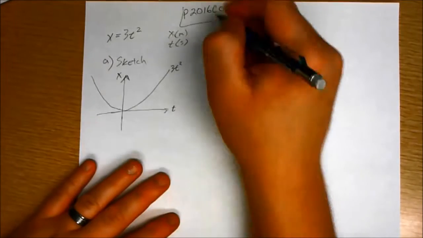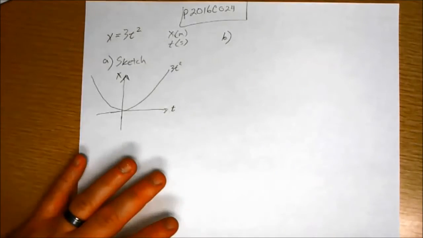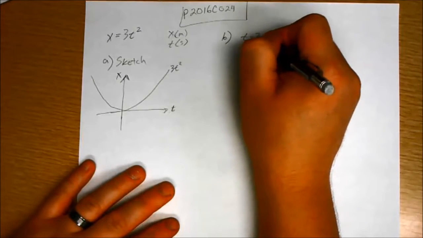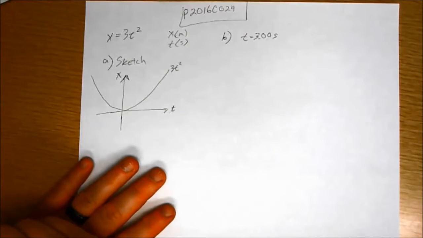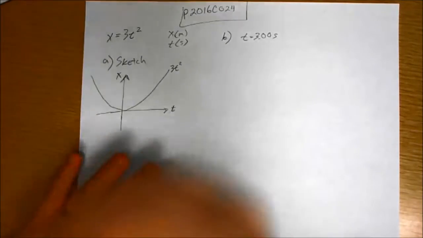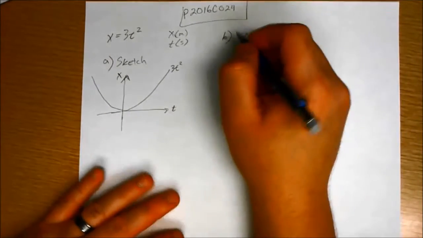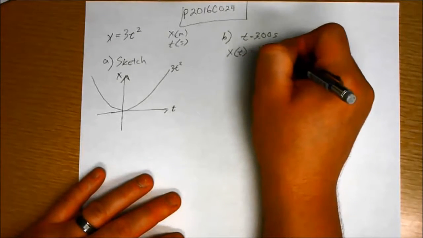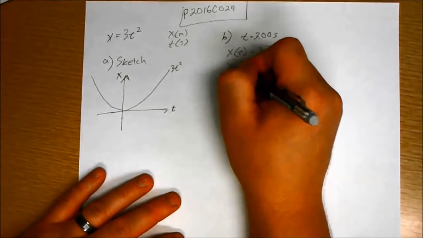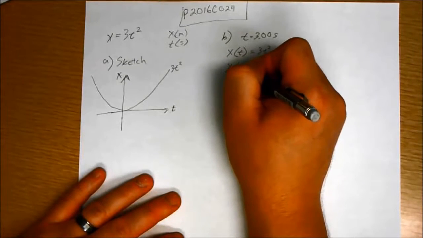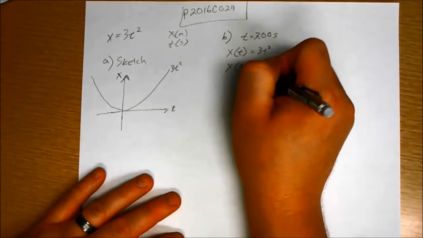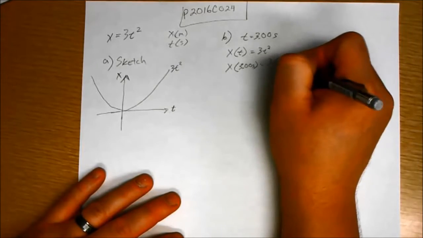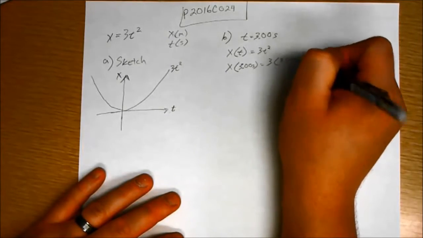So part B asks us to evaluate its position at t equals 3.00 seconds. Well, in order to do that, we just plug that into the position function. I can write it as x as a function of t equals 3t squared, and so therefore x of 3 seconds equals 3 times 3 seconds squared.